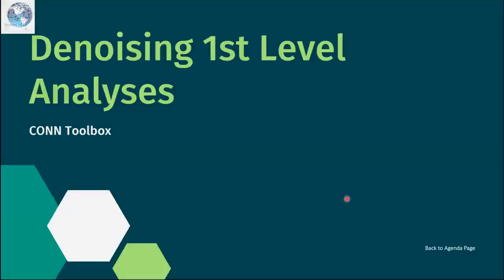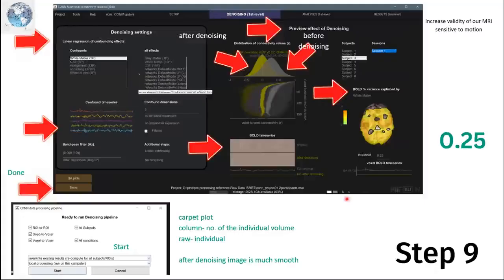And then you perform your denoising and first level analysis. After the setup, only the denoising button will appear. Some of the previous participants asked why we cannot proceed to the next step, because the pipeline did not finish processing. So we need to go step by step.